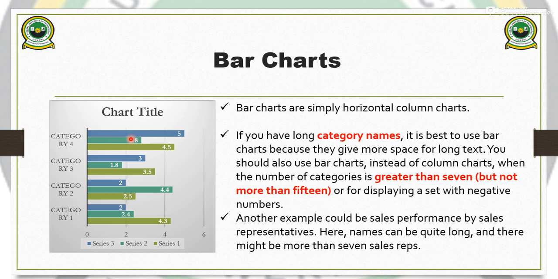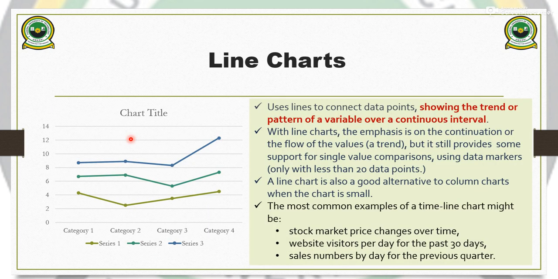Now we look at line charts. You use line charts to connect data points showing the trend or pattern of a variable over a continuous interval. With line charts, the emphasis is on the continuation or the flow of values. We are talking about the trend.